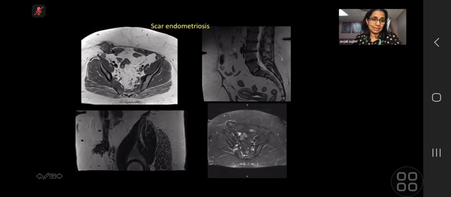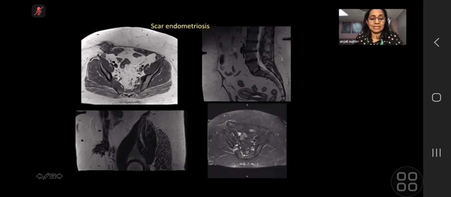As you rightly said, within the abdominal wall there is an intermediate signal soft tissue lesion, which does have tiny foci of bright signal on T1. We can still see tiny foci of signal on the fat suppressed T1. The lesion is dark on T2.